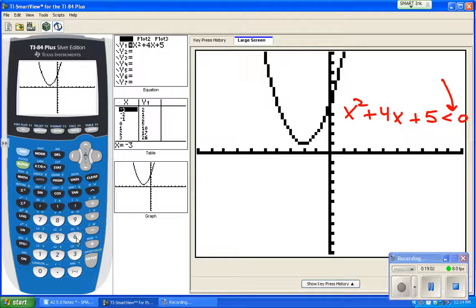There is none. This thing is never negative, never below 0. It has no solution, because this inequality said where is it less than 0, and it never is.